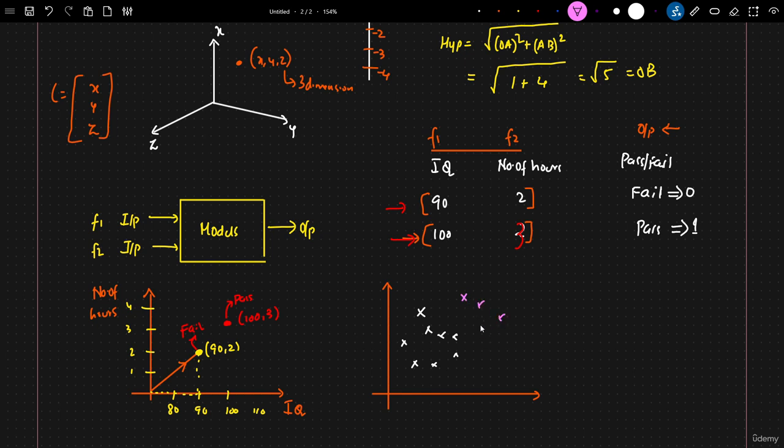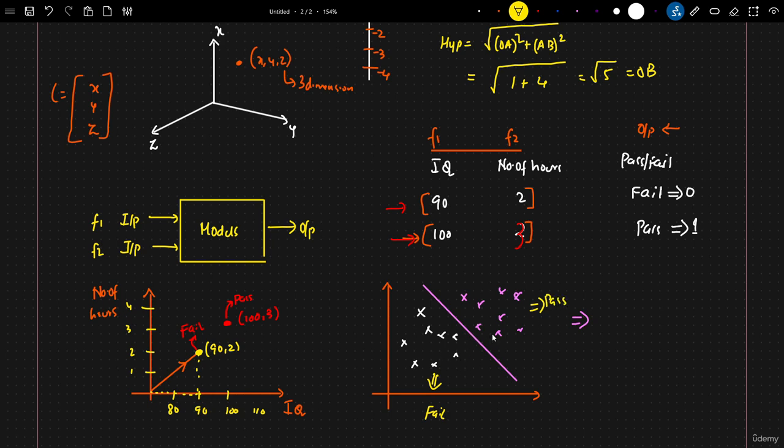And let's say pink color represents pass data points. Now, while training a model which will be able to classify these points, it will try to create a linear line between them. Any new data point that comes on one side of this line will be predicted as fail, and this region is nothing but pass.